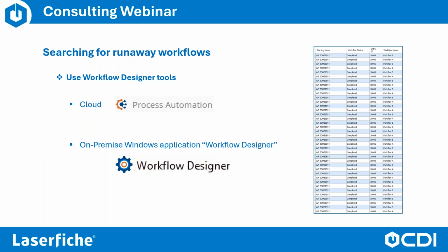Now, thankfully, in Laserfiche Cloud, the workflow automation has some built-in settings that will prevent zombie workflows. But if you have an on-premise system with workflows that are doing things that you don't expect, you can troubleshoot and stop them in their tracks. And we'll talk about how we can do that using the workflow designer and some Laserfiche services.